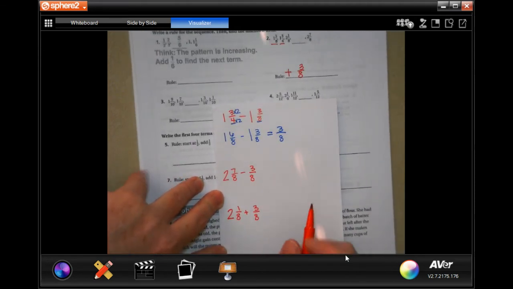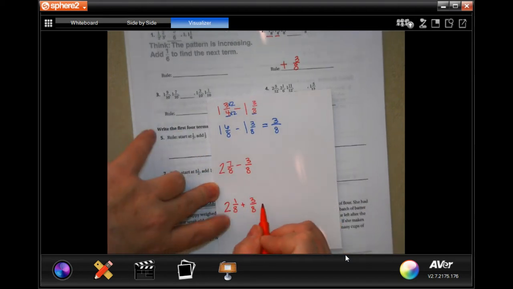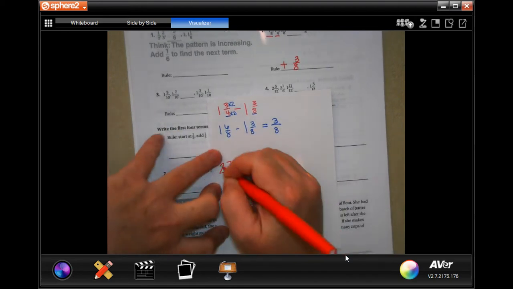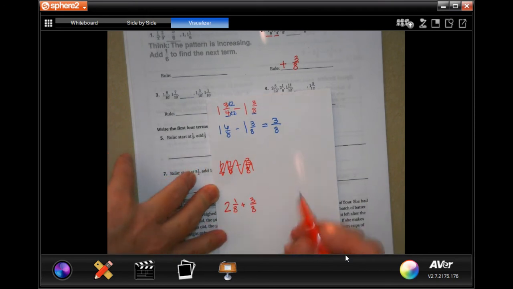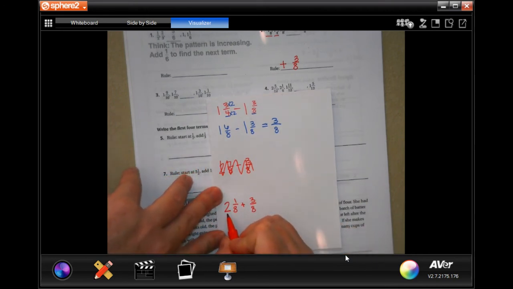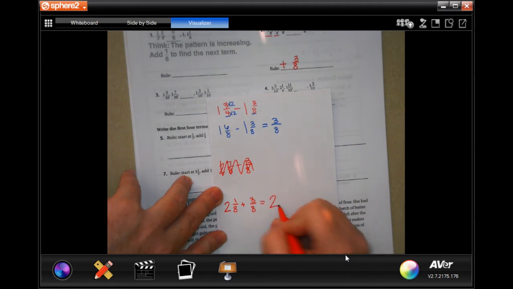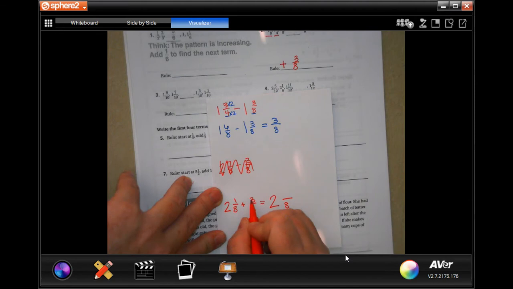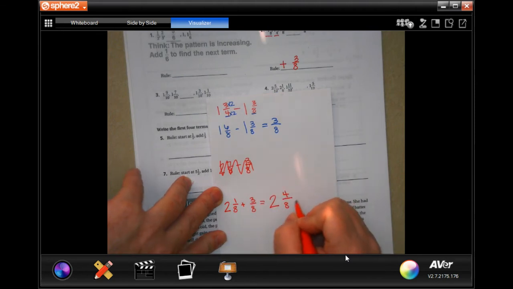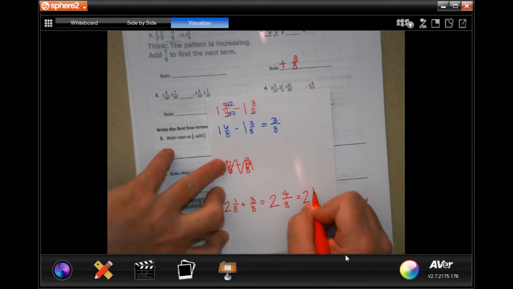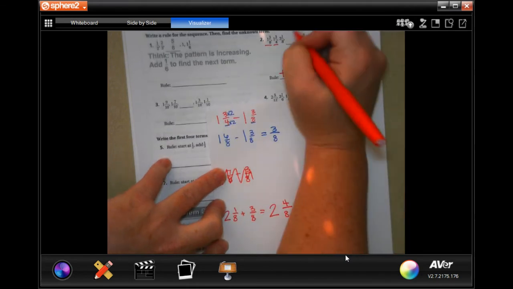I'm going to add because it's easier for me to add than to subtract. So I'm still going to have 2 because I don't see a whole 1 there. Denominator is 8. 1 plus 3 is 4. Well, 4 over 8 is equal to a half, so we're going to have 2 and a half.